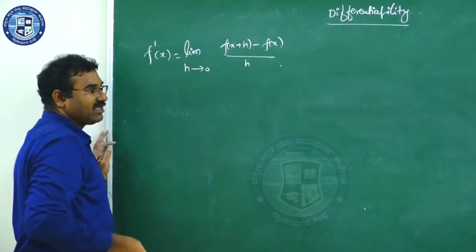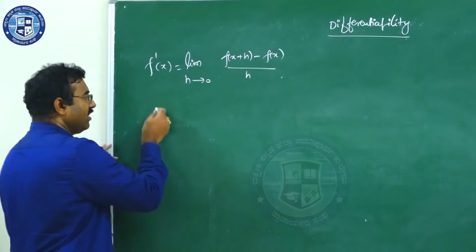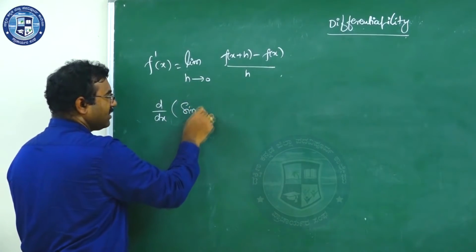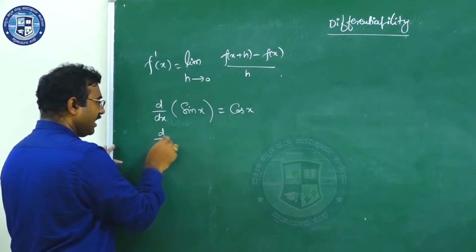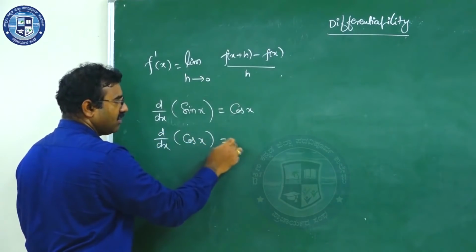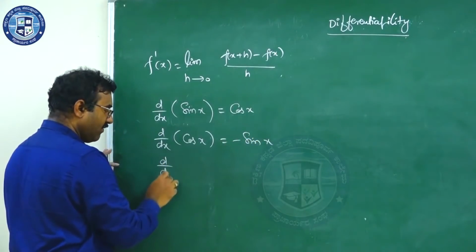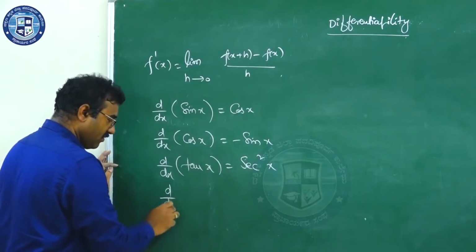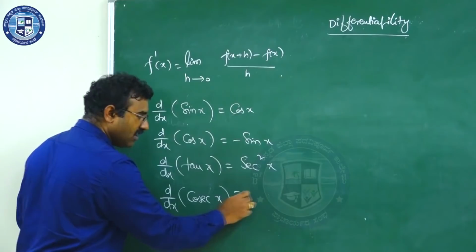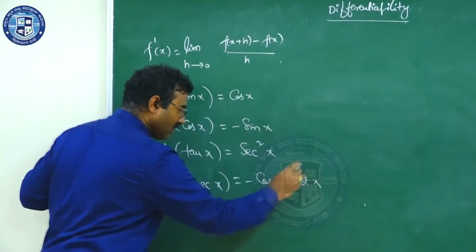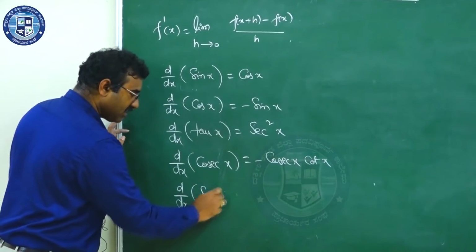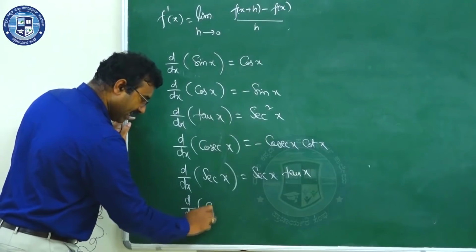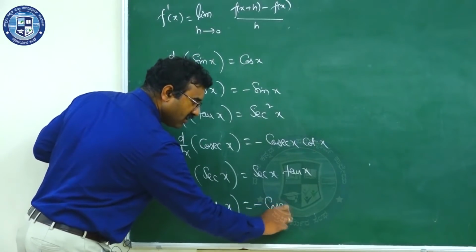By using this formula, we have derived some formulae. d by dx of sin x is cos x, d by dx of cos x is minus sin x, d by dx of tan x is secant square x, d by dx of cosecant x is minus cosecant x cot x, d by dx of secant x is secant x tan x, d by dx of cot x is minus cosecant square x.